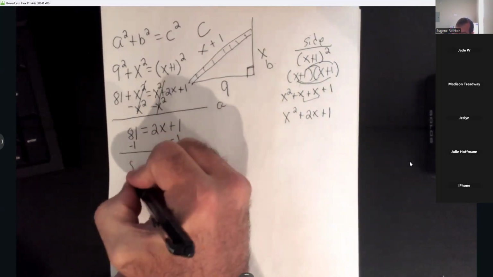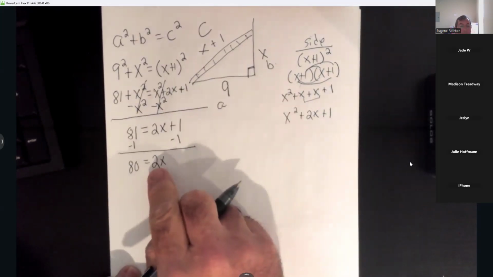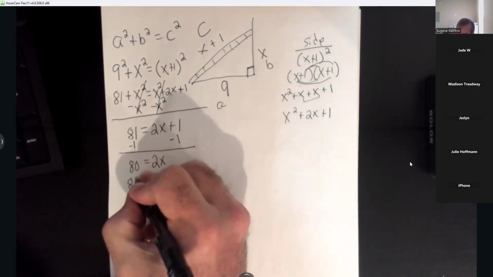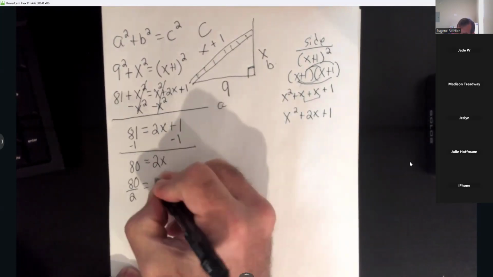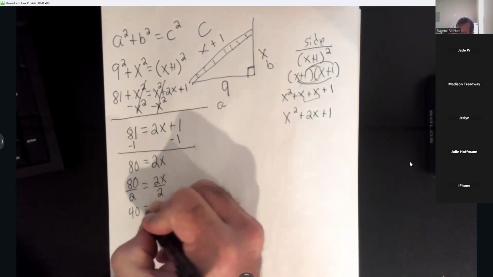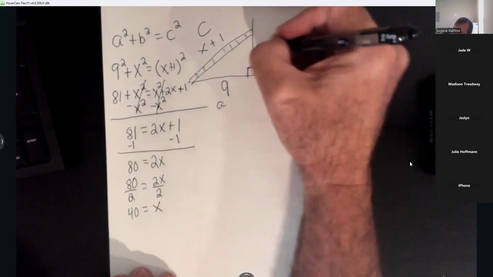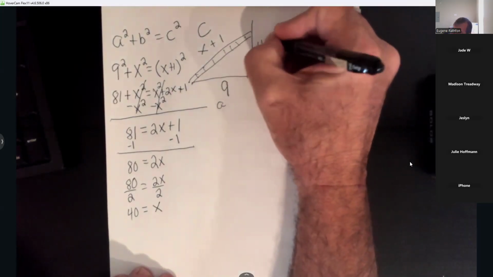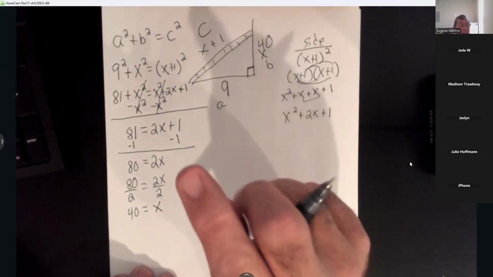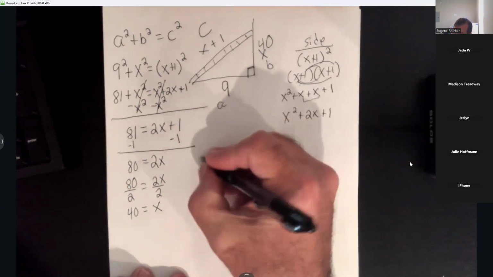So y'all, that gives me 80 equals 2x. And then I'm going to divide both sides by 2. So 80 divided by 2 gives me 40 equals x. That means this side over here is 40. Well, the test wants the length of the ladder.